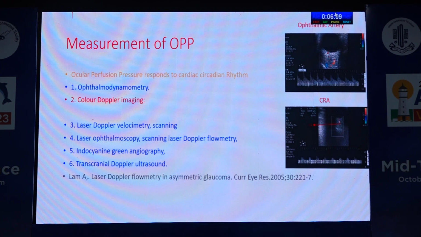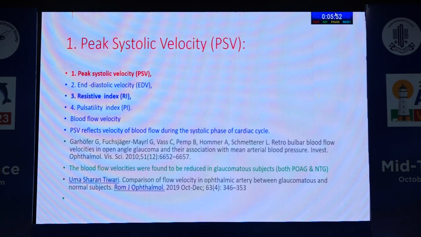Now we have to measure the ocular perfusion pressures. These are the methods available to record them: ophthalmodynamometry, color Doppler imaging, laser Doppler velocimetry, laser ophthalmoscopy, ICG, and transcranial Doppler ultrasound. So what are the major readings we have to look at?